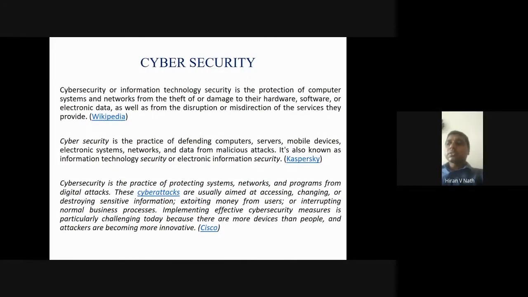Consider someone is able to unplug the network cable, then that server goes offline and won't be able to provide the service. So all these come in the cyber domain.